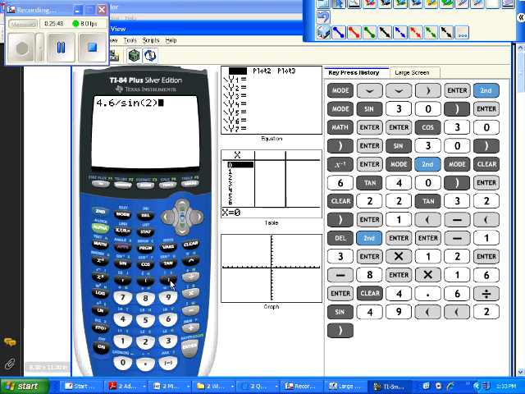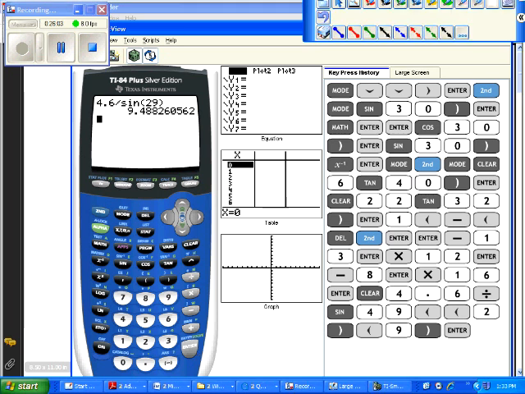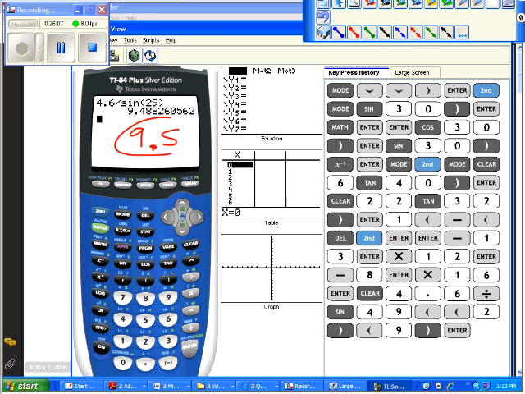I usually remember better than this. 29, there we go, enter. 9.5 rounded to the nearest tenth. Any questions on that?